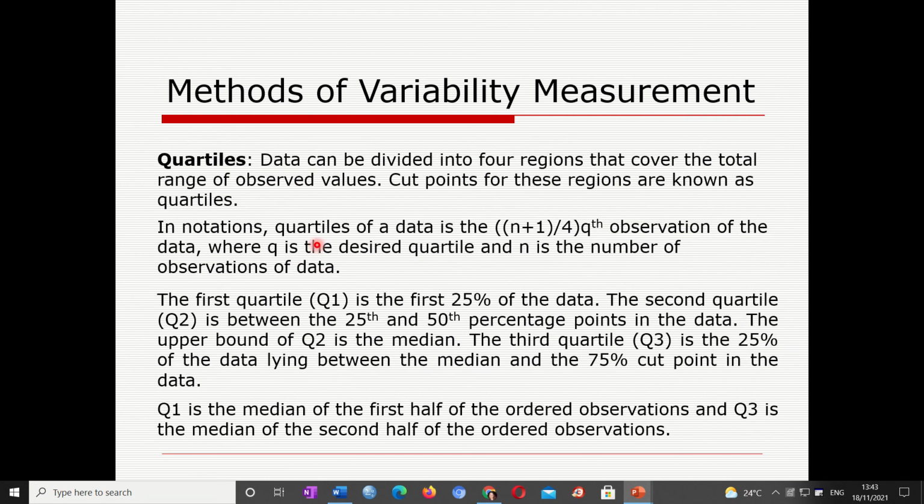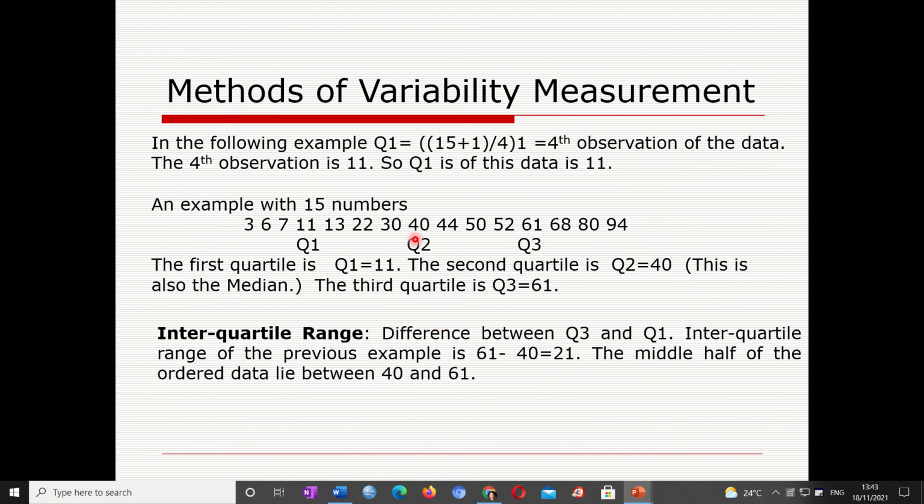Now, for the first quartile, it is n plus 1 over 4. Second quartile is 50%. How many numbers do I have here? 15. So 1, 2, 3, 4, 5, 6, 7, 8, the 8th number is the second quartile.